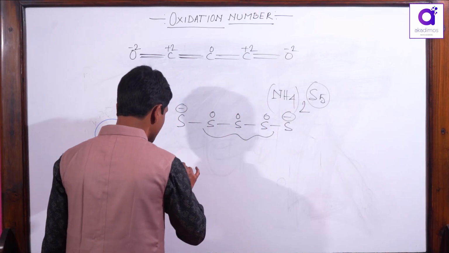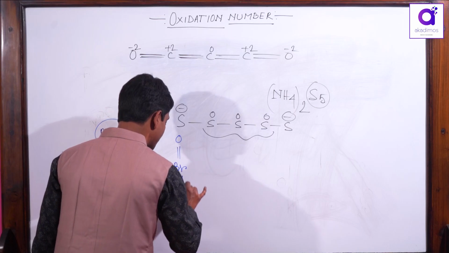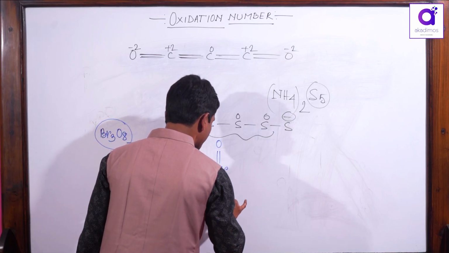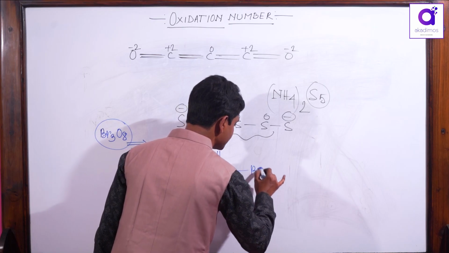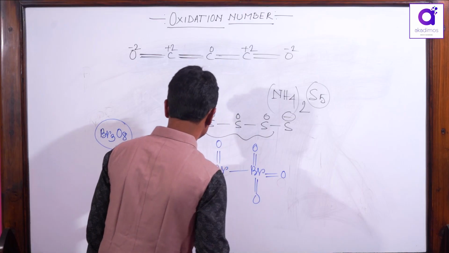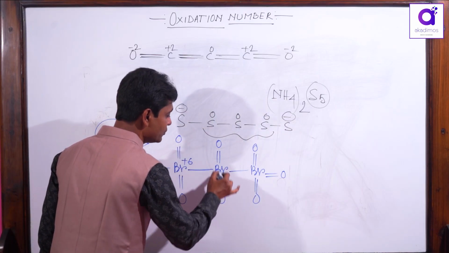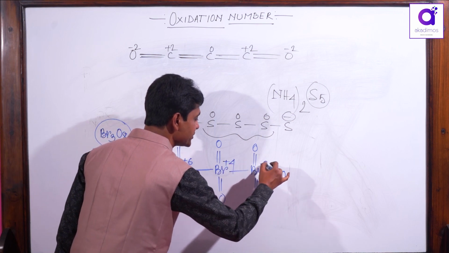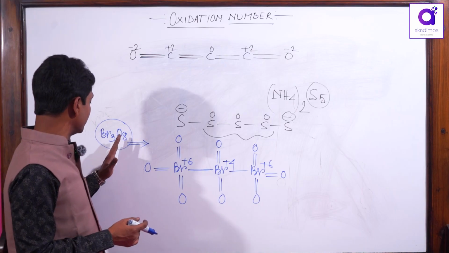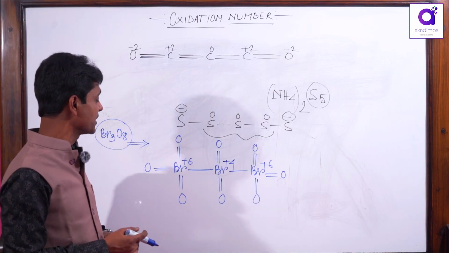If I draw the structure, this is the structure of Br3O8. See, this has 6 bonds with more electronegative atoms, plus 6. This is 0. This has 4 bonds, this has 6 bonds. Total 16 by 3. If you calculate by taking oxygen as minus 2, you get the average oxidation number of bromine as plus 16 by 3.